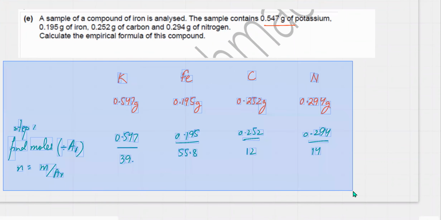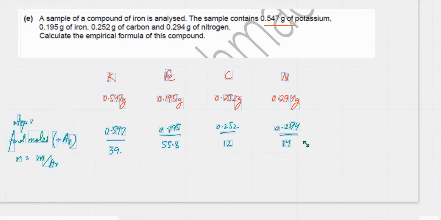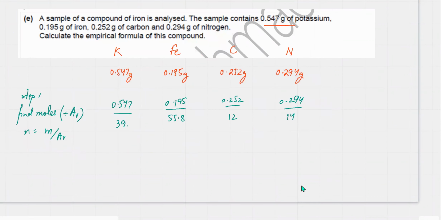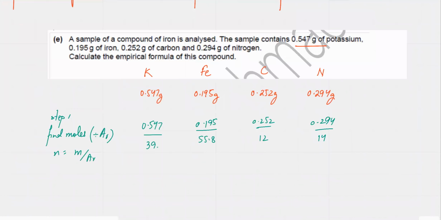Can anyone calculate all of this? What's the first one? Can you all hear me? Sir, 0.014.